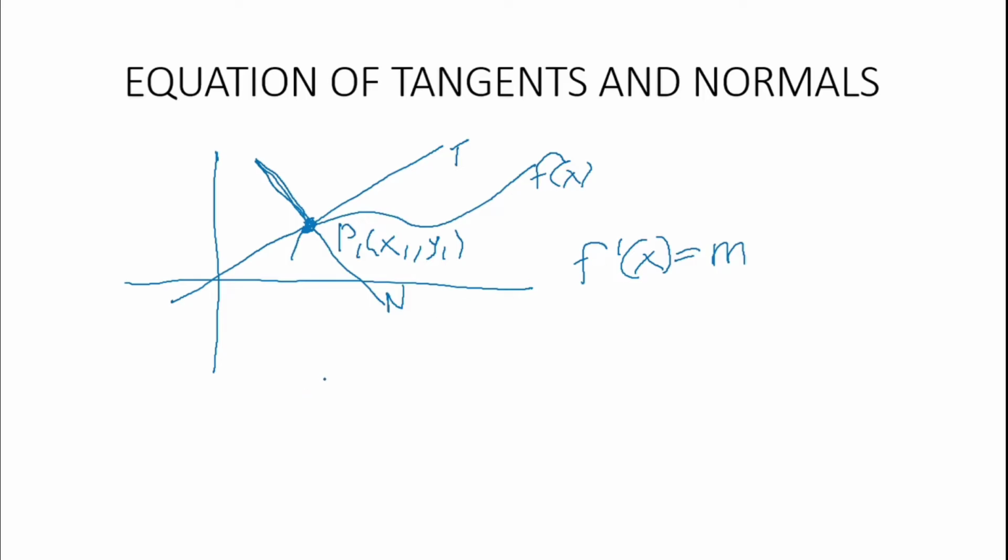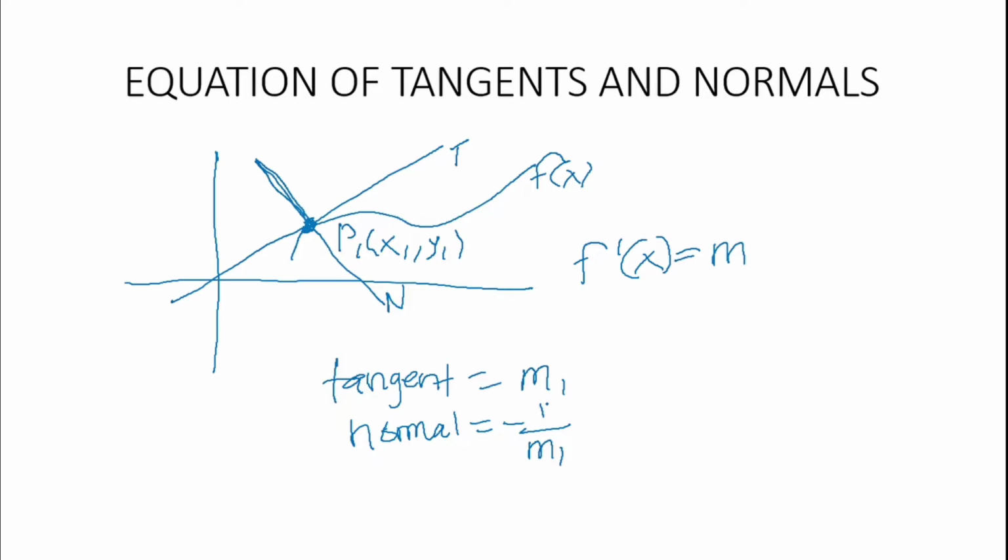Take note that the tangent slope is equal to m1, and for the normal, we have negative 1 over m1. The first thing that we need to do in the problem is to get the first derivative of the equation of the curve f of x.